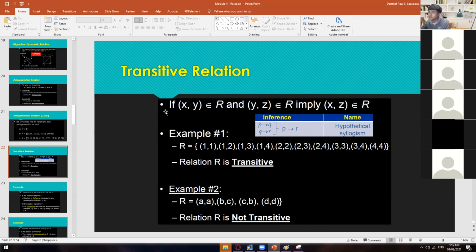As you can see right here, if we have x, y, and then y, z, we should also have an ordered pair x, z. It's the same as hypothetical syllogism. Let's take a look at example number 1. We have here 1, 1, and then 1, 2.